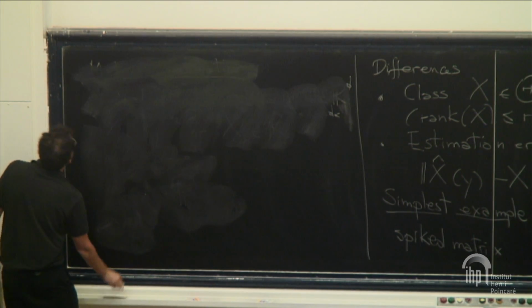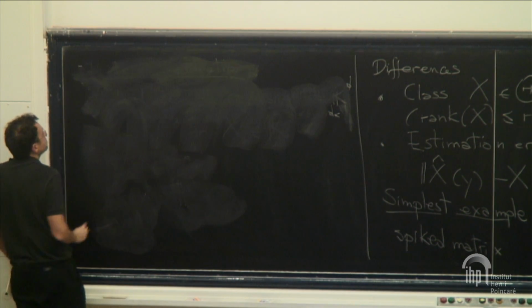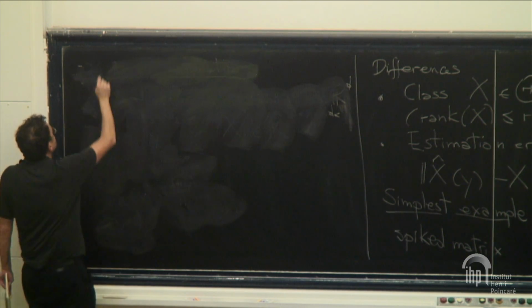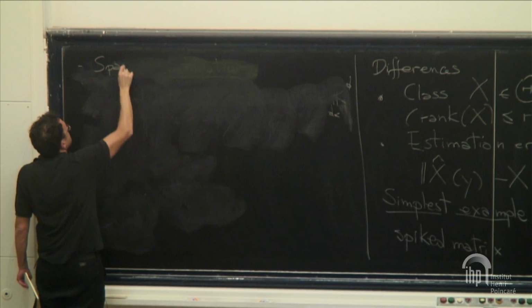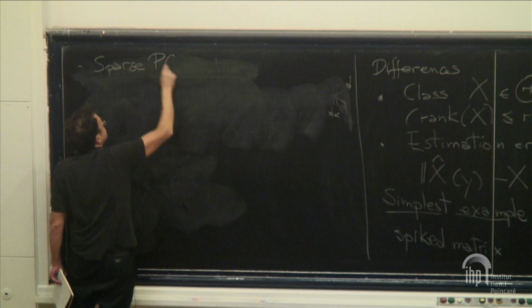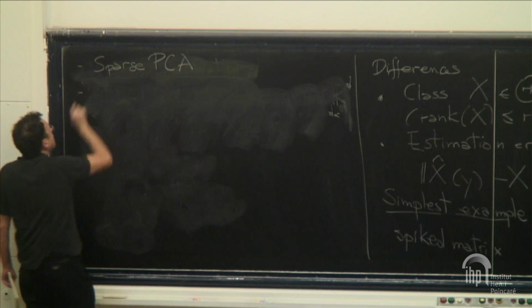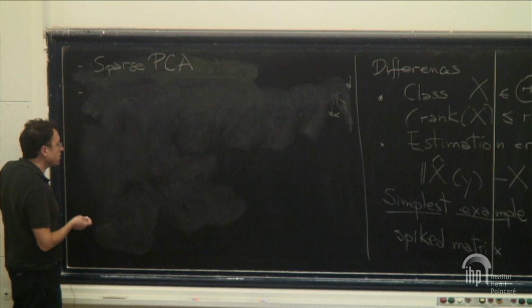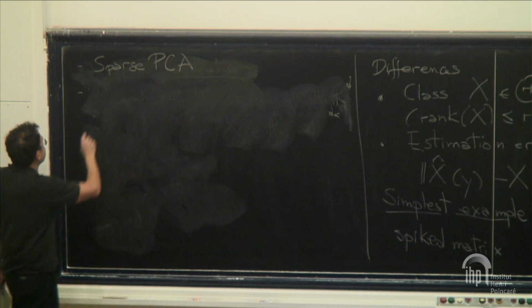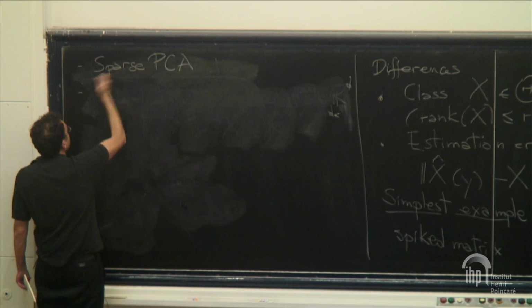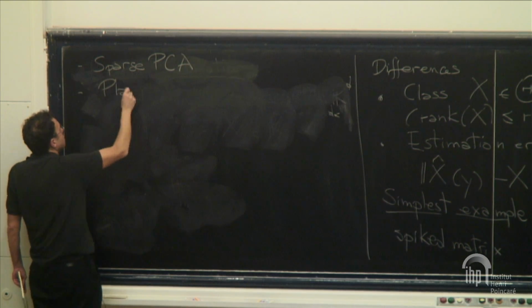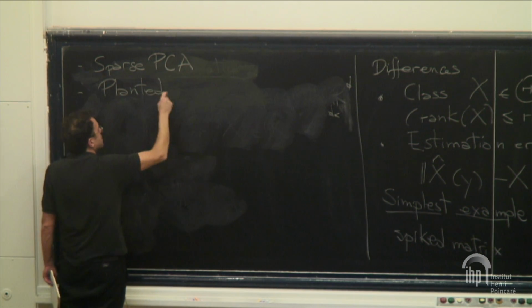So a few problems that I'll talk about: I'll talk a little bit about sparse principal component analysis. I'll talk more than a little bit about a closely related problem that is the hidden or planted clique problem.